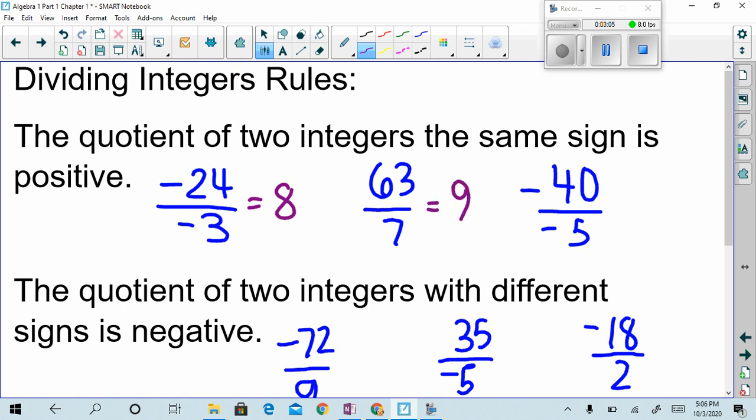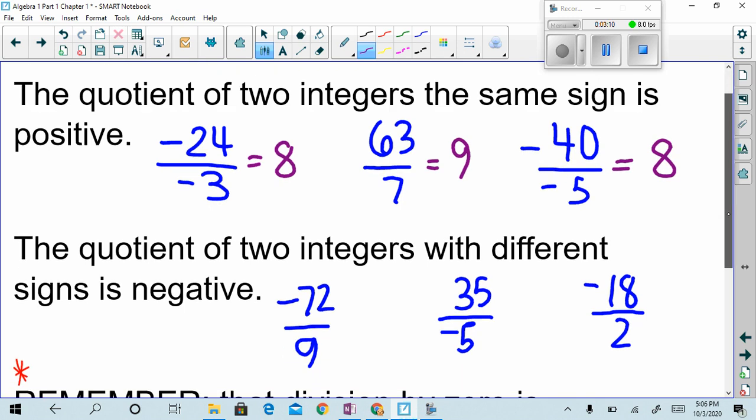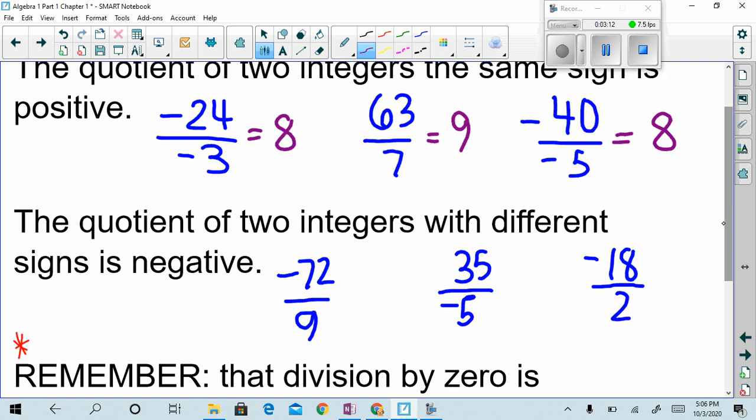Same signs, positive quotient. Next rule, the quotient of two integers with different signs will be negative. Unlike signs, negative quotient. And one more, negative 18 divided by 2, negative quotient.